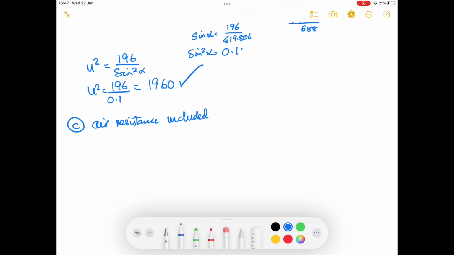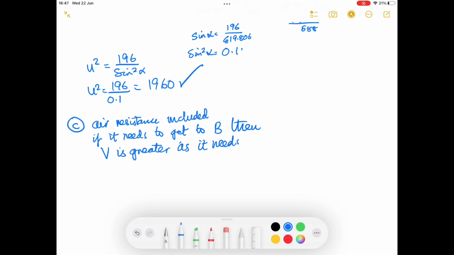The initial velocity has to be higher to reach B, otherwise you won't reach B, because the air resistance will slow it down at a faster rate. So it won't reach the distance up to B.